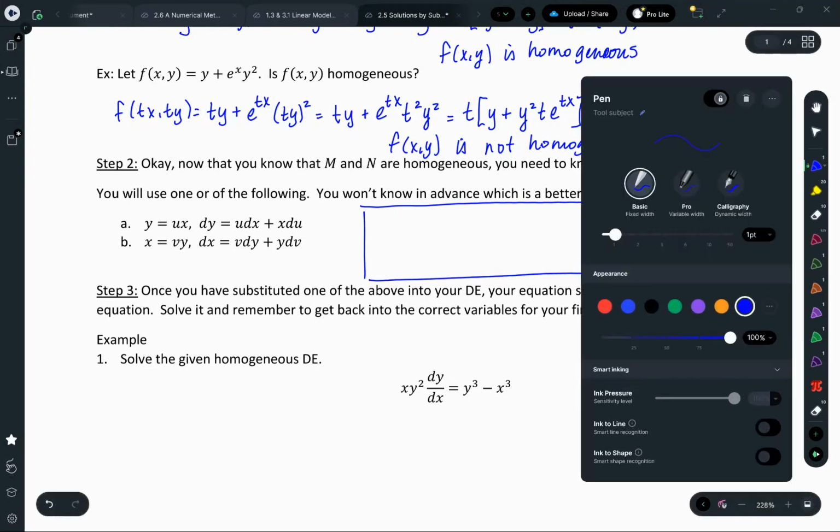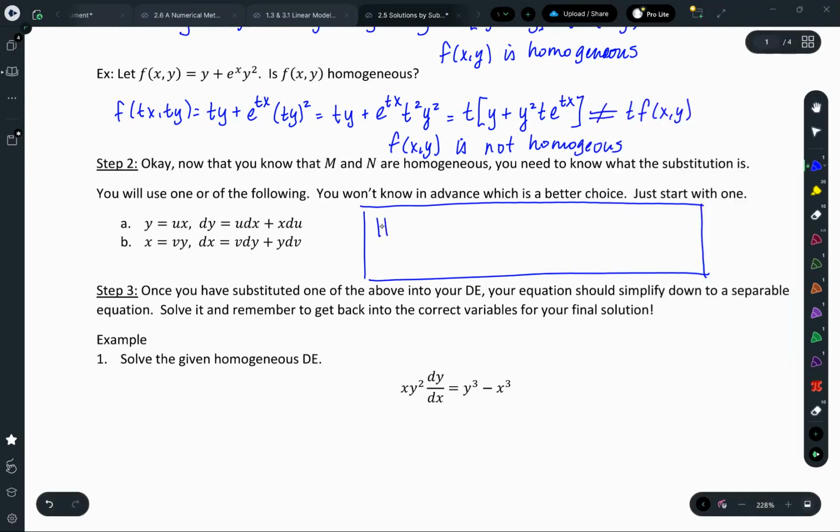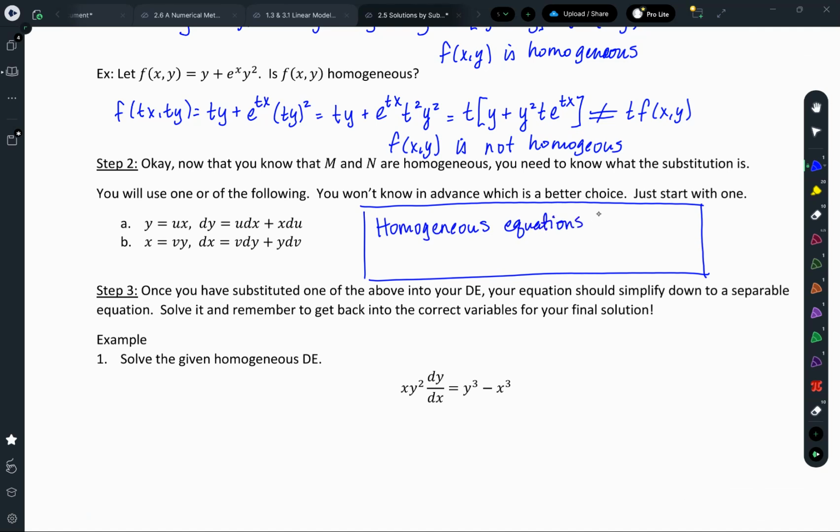Homogeneous equations become separable equations after the substitution.